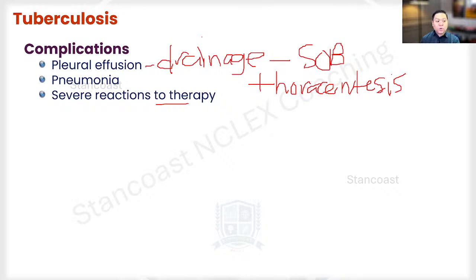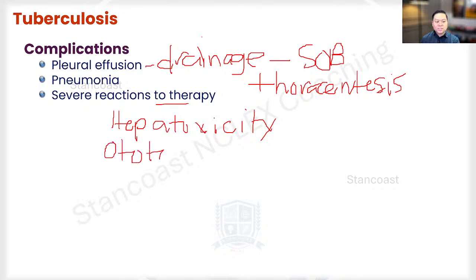So we know already, right? I hope that you are retaining. So what are those severe reactions to the therapy? We have hepatotoxicity. What else can you recall from what I've mentioned earlier? For example, regarding the aminoglycoside, what can you remember about the side effects? Remember the ototoxicity, the hearing loss.